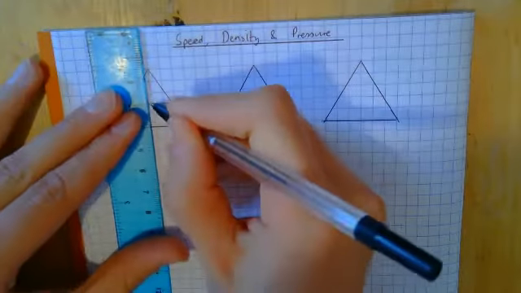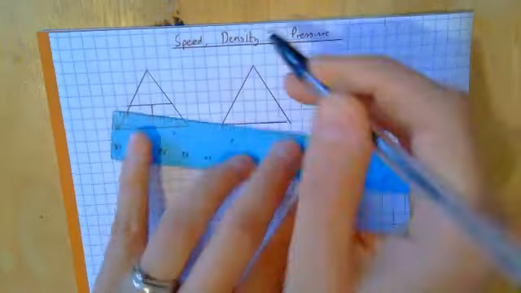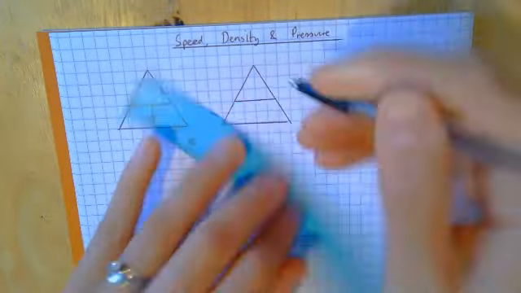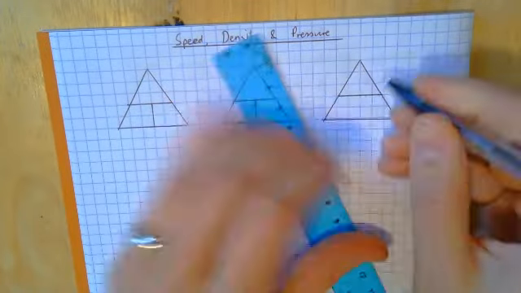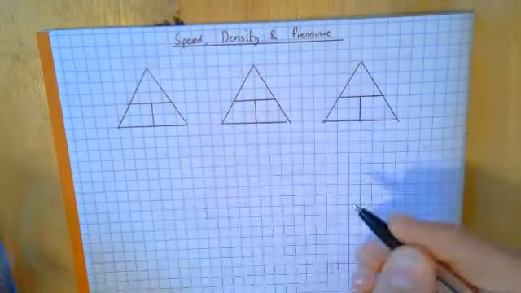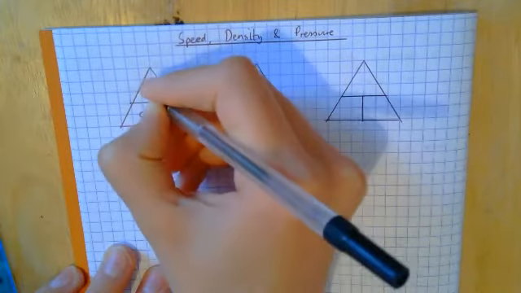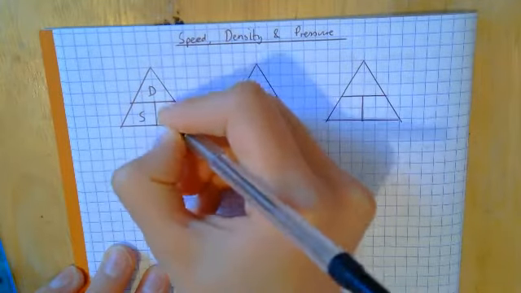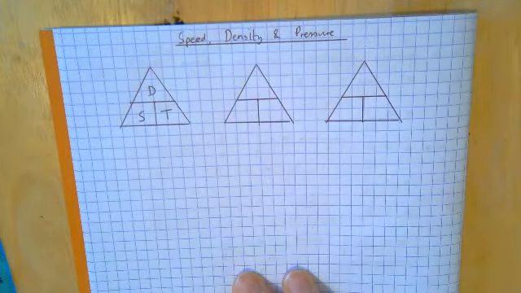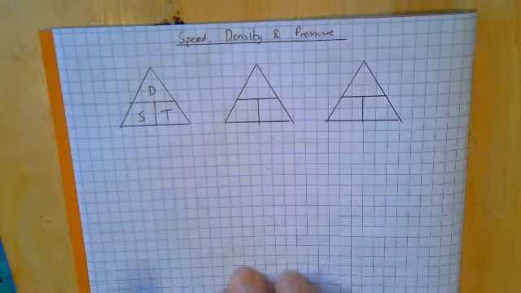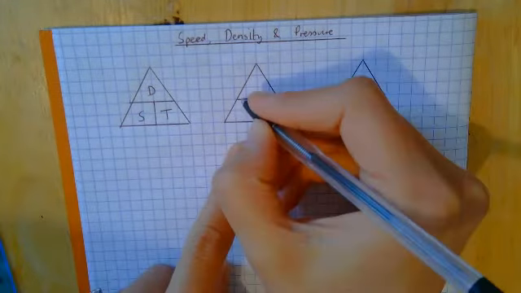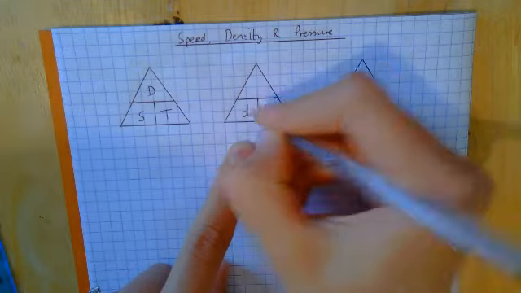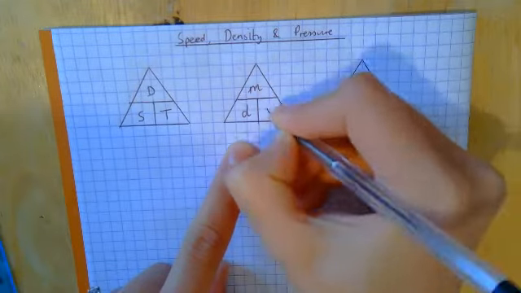So what have we got? We've got a speed triangle, we've got a density triangle, and we've got a pressure triangle. So, hopefully you're familiar with speed, distance and time. Hopefully that's familiar. You might want to label that speed, distance, time. This one in the middle is going to be density, mass and volume.